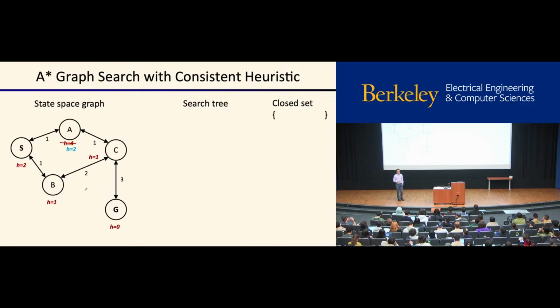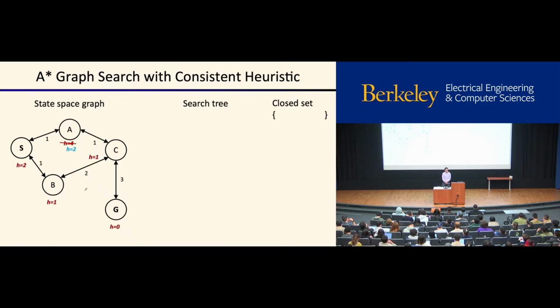Heuristic's saying 0 because it's 2 on both sides, right? So here the heuristic is 2, here the heuristic is 1. It's estimating the cost of this action to be 1. That's an underestimate. Here the heuristic is not changing, so the cost of this action is 1, but the heuristic says I estimate it to be 0. That's also an underestimate. So this is a consistent heuristic. You can check the other ones for yourselves.